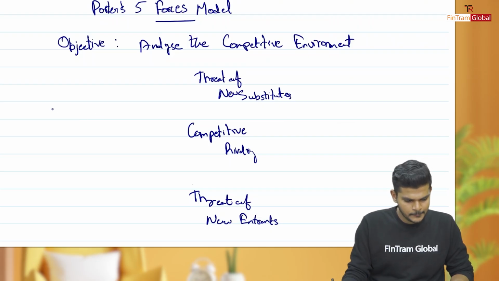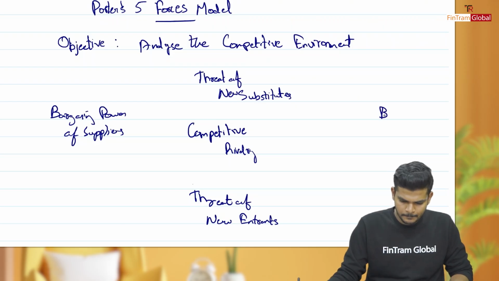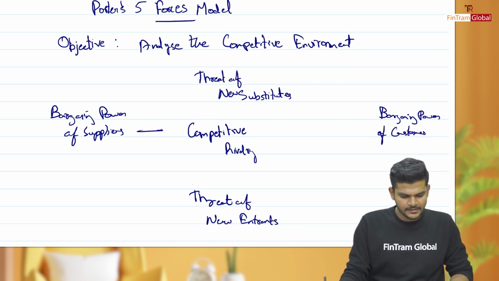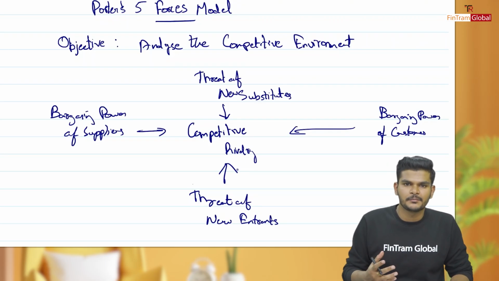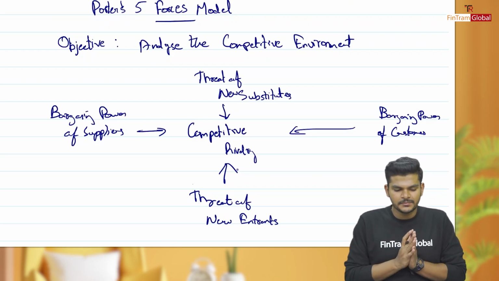Then there is bargaining power of suppliers and bargaining power of customers as well, right? These are the 5 factors which would impact the overall competitive advantage that an organization has in a particular market or industry, right? So that's exactly it. Okay, folks, that's exactly why we use this particular model.